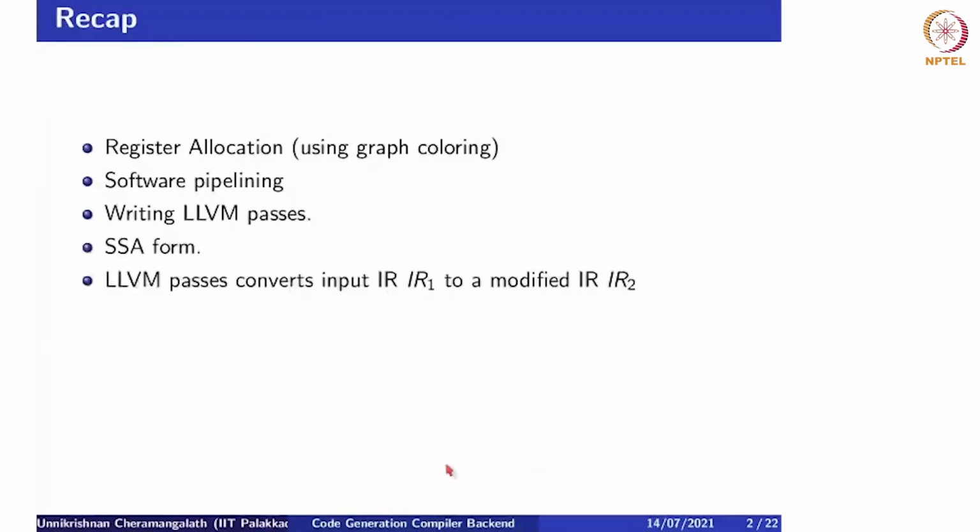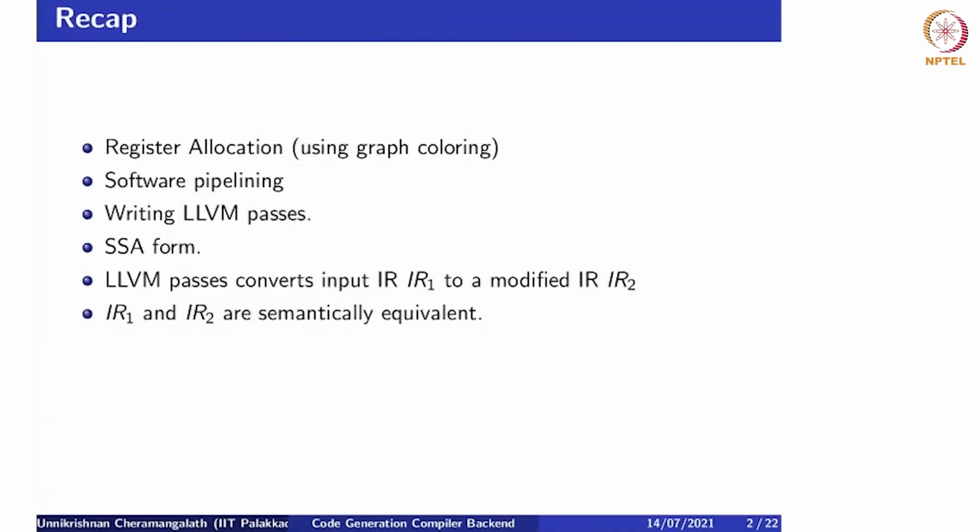Then you studied SSA form, like in LLVM passes, where you convert one input intermediate representation IR1 to a modified IR2, and IR1 and IR2 should typically be semantically equal.